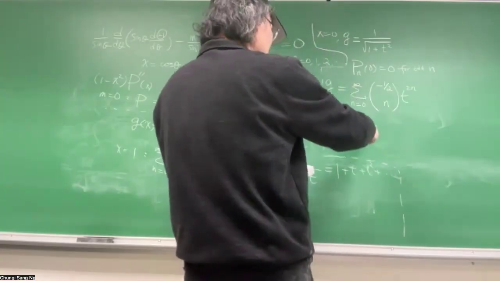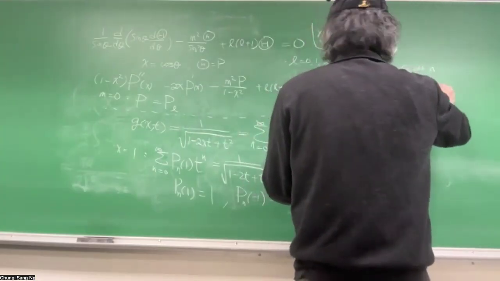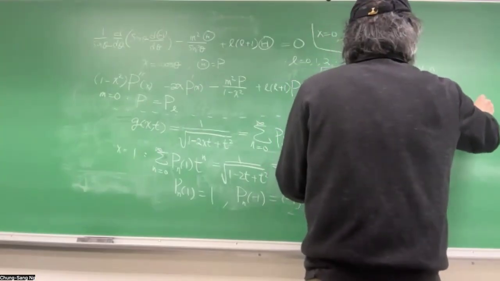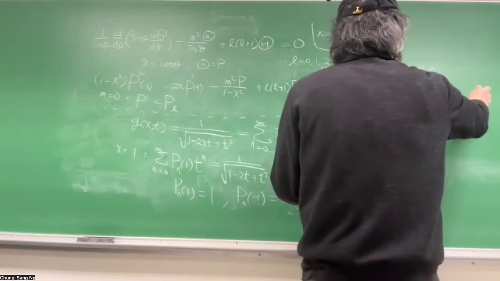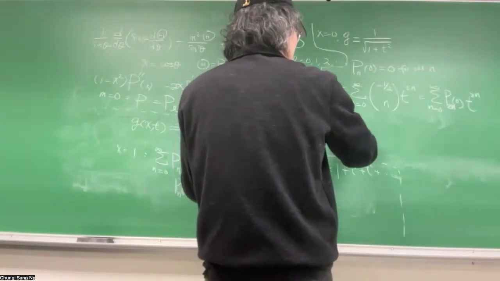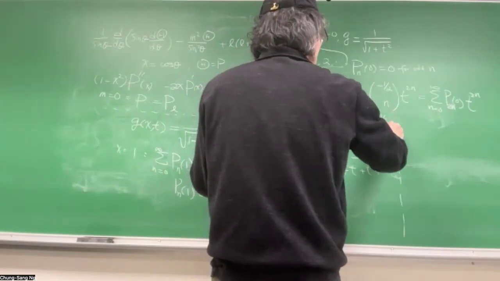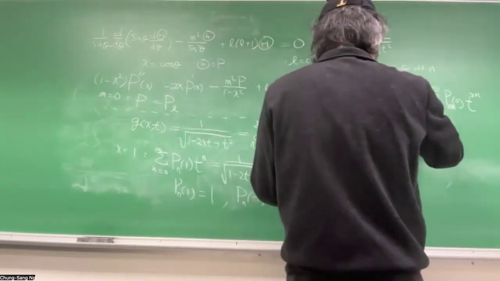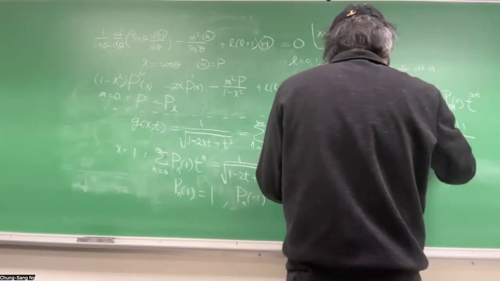Compare with the right-hand side: because the odd terms are 0, we consider just the even ones. P_{2n}(0) is given by this object, and by equation 1.74 it is (-1)^n times the double factorial (2n-1)!! over (2n)!!.